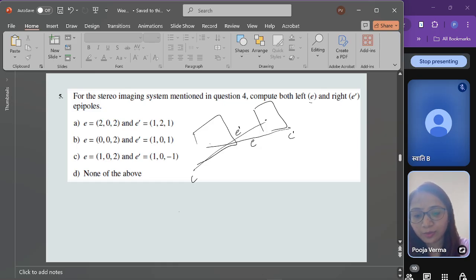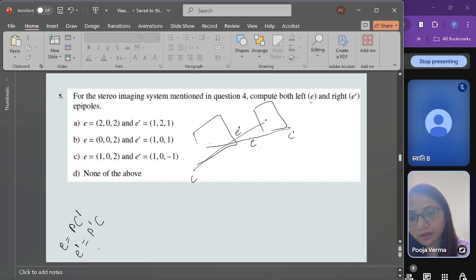So the left epipole E can be calculated by E is equal to P C dash, and E dash is the right epipole. So the right epipole can be calculated as P dash C. This is the opposite of that.